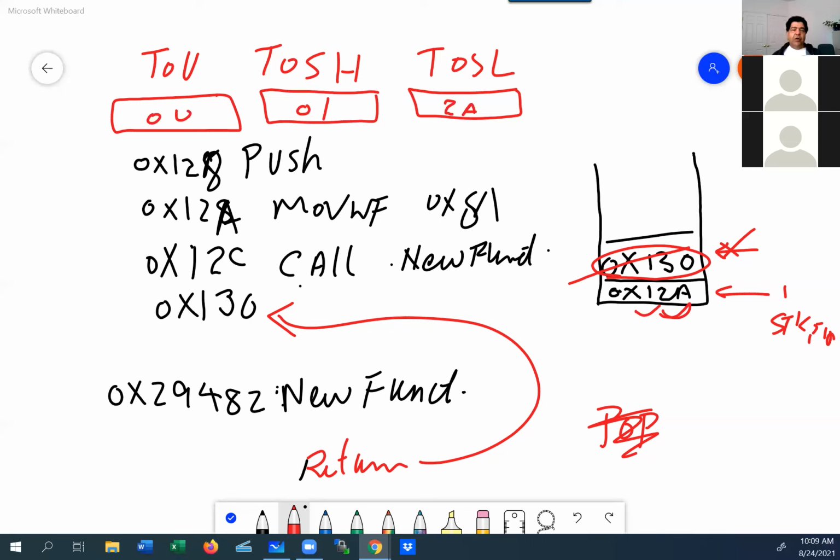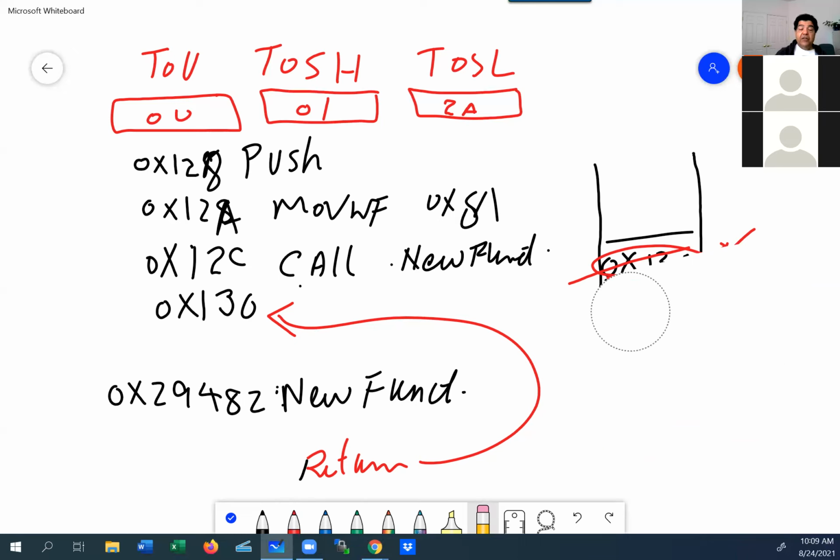Okay. As long as we are here, you might also get a question to see if you can remember how to do the machine code for the call. I think we have had it in the quizzes.